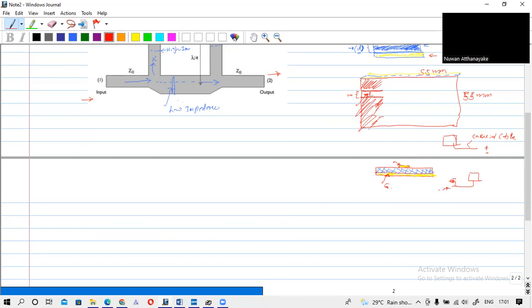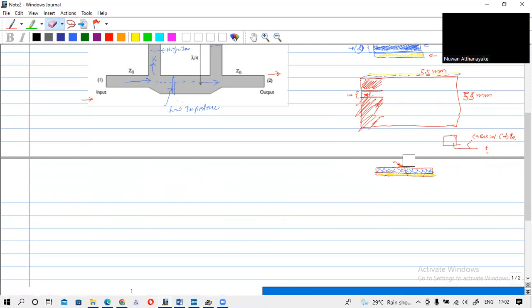You should connect this live conductor to this strip and the ground conductor to this ground plate. Likewise you can feed the signal to this microstrip. Actually if you have come to the lab, you can get the experience on this, but unfortunately only one student was there.